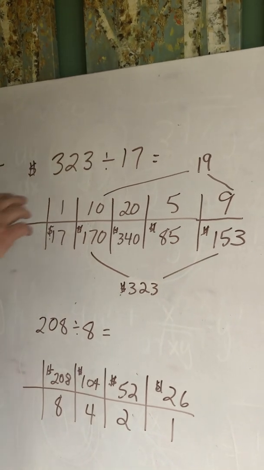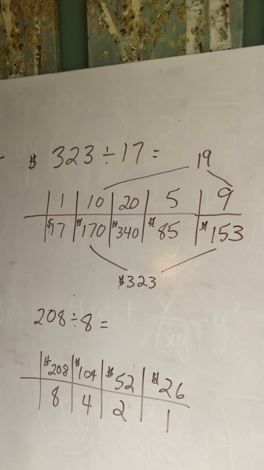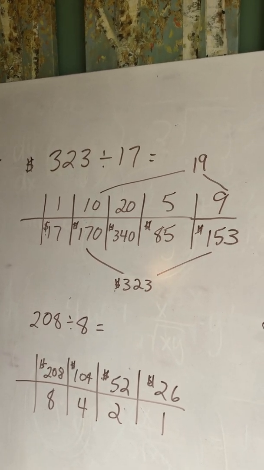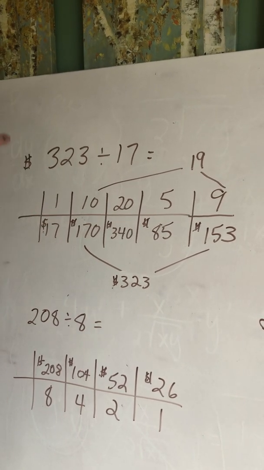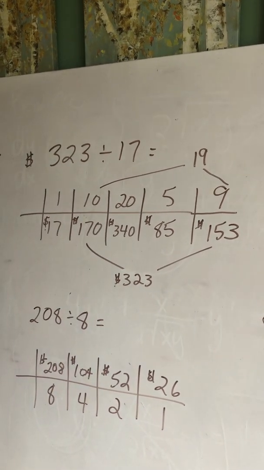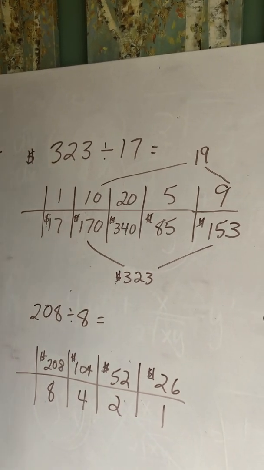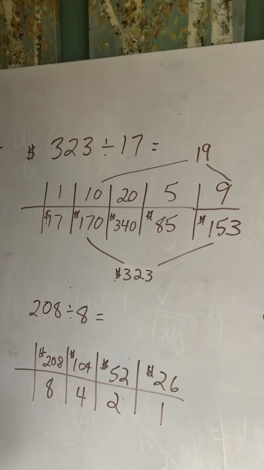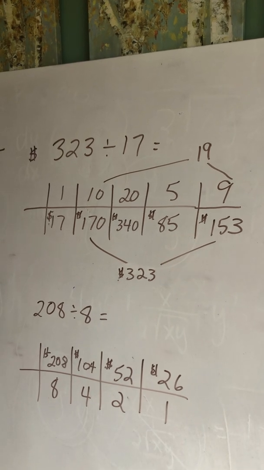I always like to start with 1 because that shows you the ratio table is times 17. The total money is $323. After 1 times 17, I decided I got to go bigger than that. So I did 10 times 17 is 170.